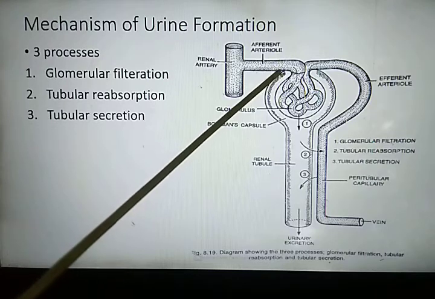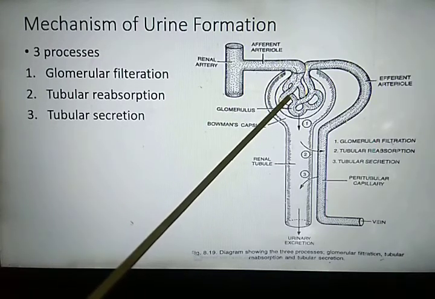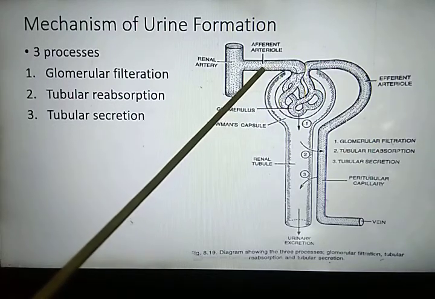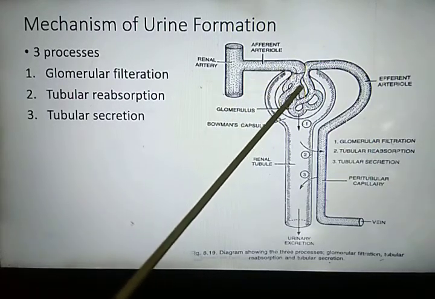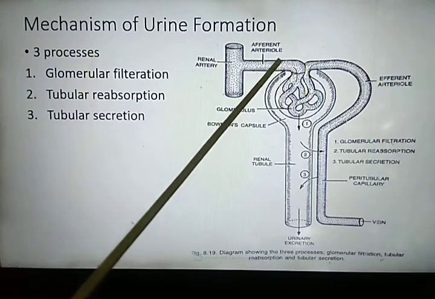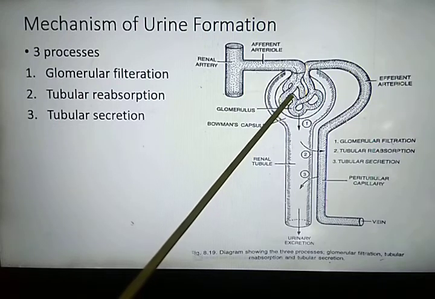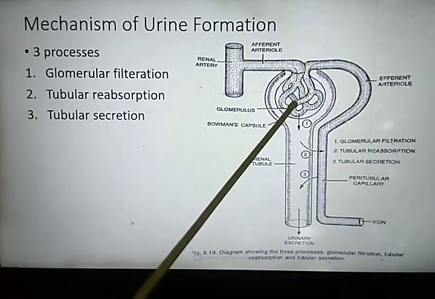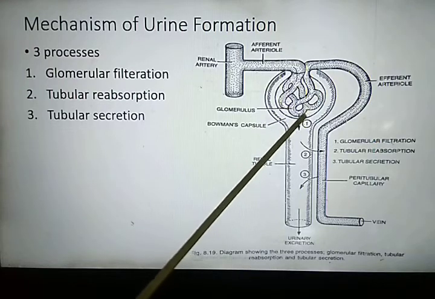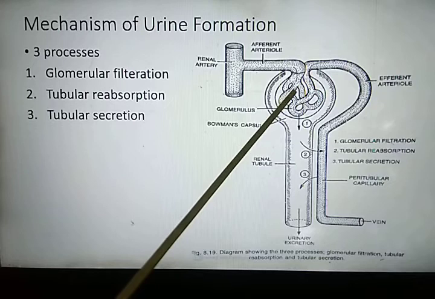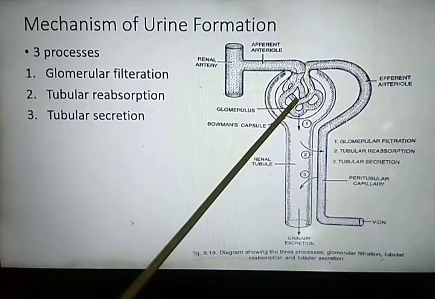Efferent arteriole is narrow, whereas the afferent arteriole is wide, due to which when the blood flows from the afferent arteriole into the glomerulus, due to the difference in the size of the arteriole and glomerular capillaries, the blood pressure inside the glomerular capillaries increases. So why does blood pressure increase? Due to the difference in the width of the lumen of the arterioles and glomerular capillaries.